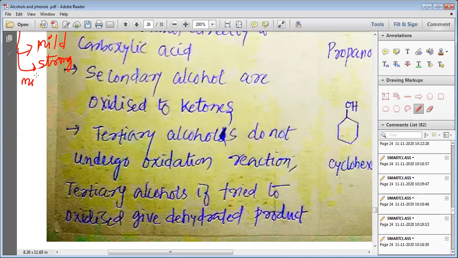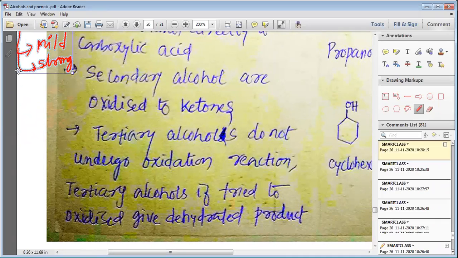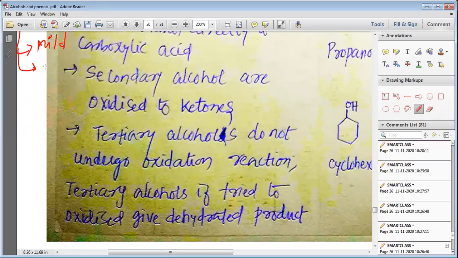If you take an alcohol and use a mild oxidizing agent, it turns the alcohol to aldehyde.